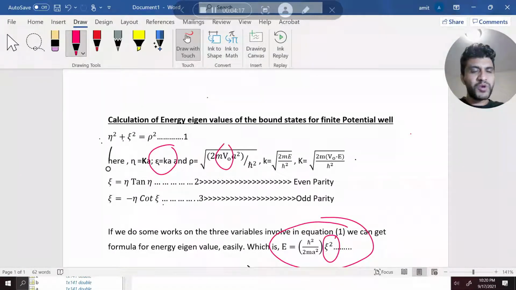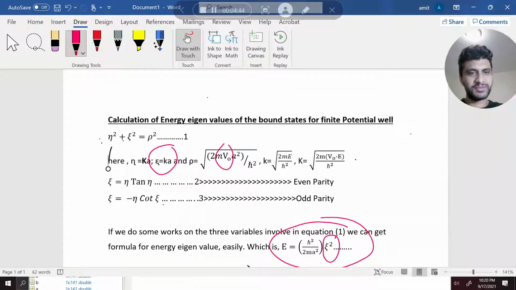So which potential you are going to take makes a problem. It's not so easy to get energy directly from the formula. If you use your potential, you will get continuous energy. But the energy is quantized inside the potential well, and you will get discrete energy levels.